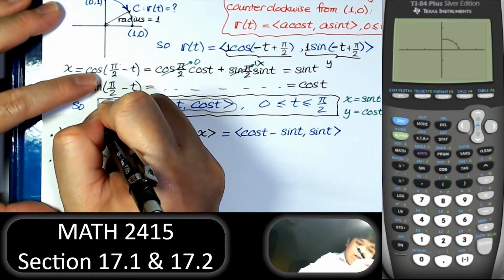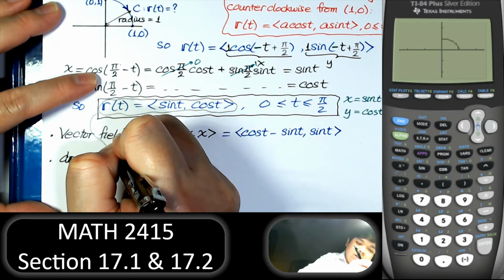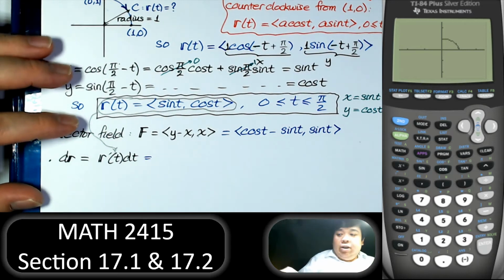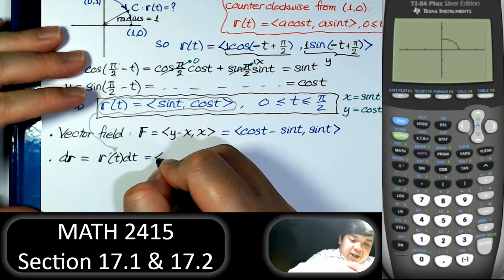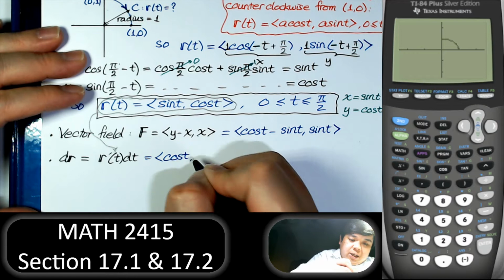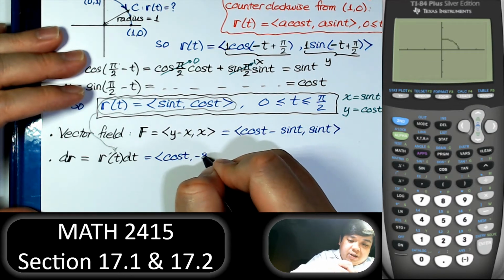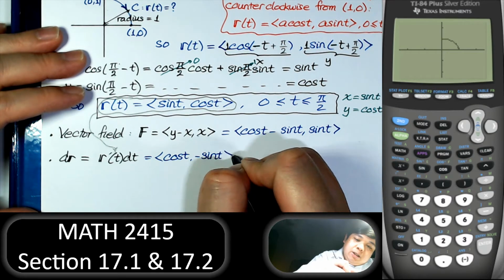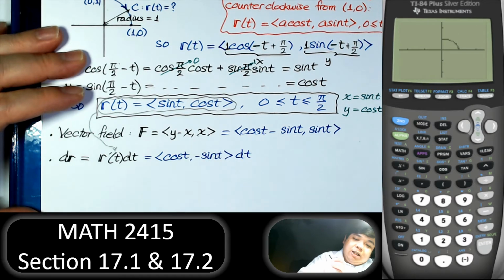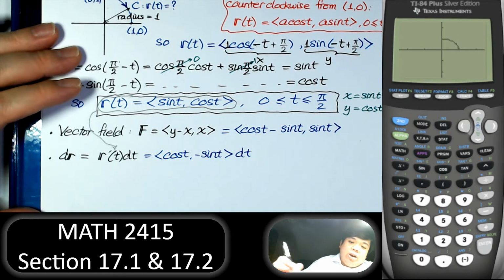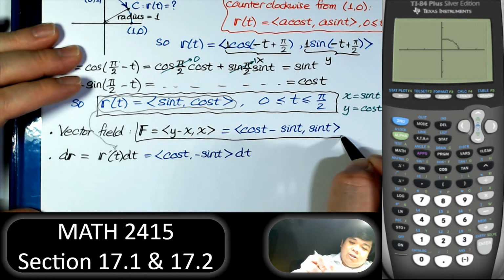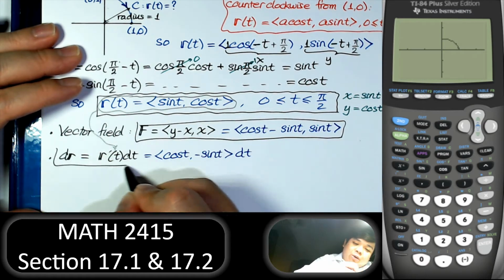This is r of t. We will find the derivative. Derivative of sine is cosine, and derivative of cosine is negative sine dt. And finally, we have the vector field, and we have dr.